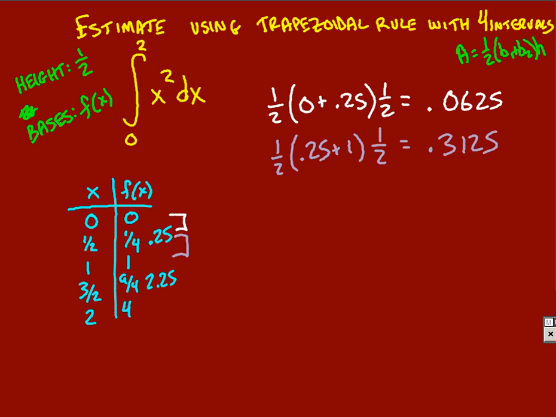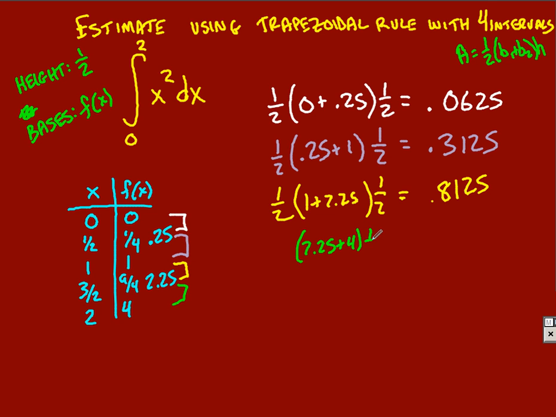The next one on my list would be the 1 and 3 halves. Again, the 1/2s are the same. We have to check what's in the middle. It's going to be 1 plus 2.25. Multiply that out, I should get 0.8125. And then for my last one, that should be 2.25 and 4, and I multiply by 1/2 on either side as well.